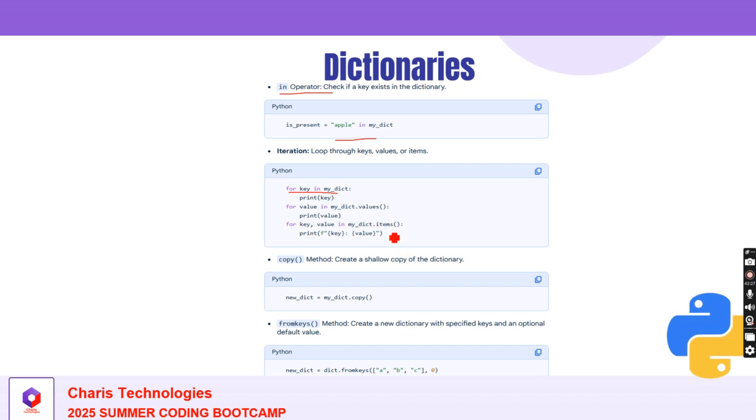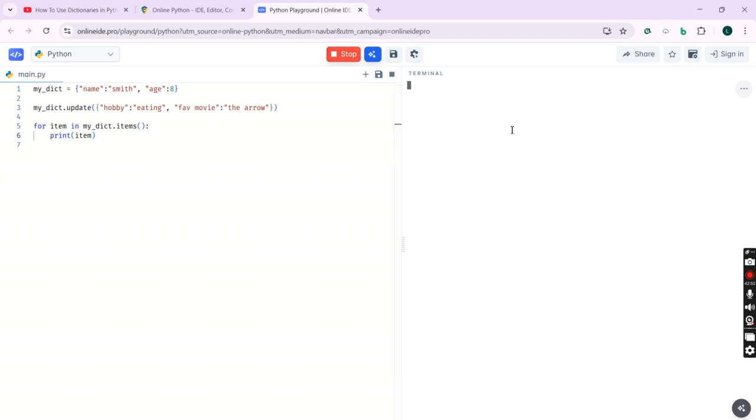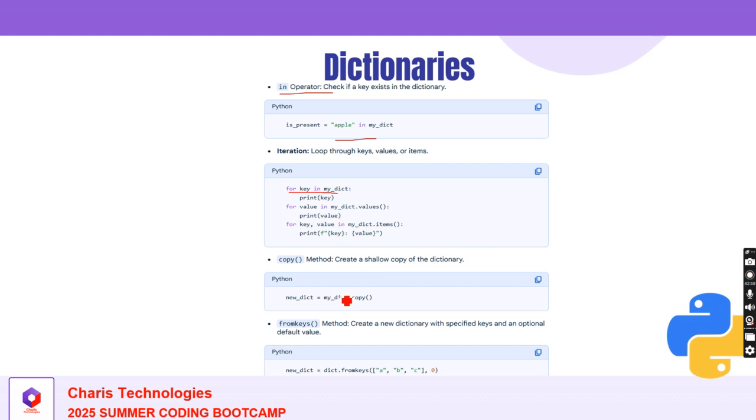If you want the whole pair, that would be dot items. I just change this: for item in my dict dot items, print item. If you run this, it's going to print everything, both the key and the value.